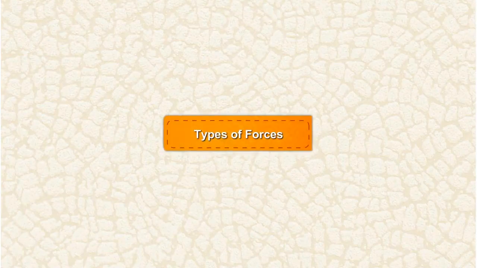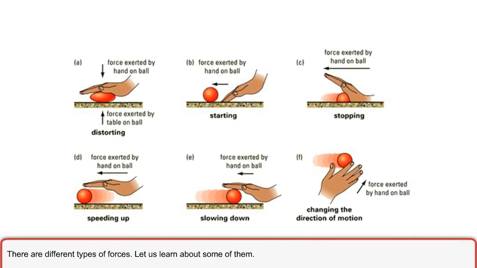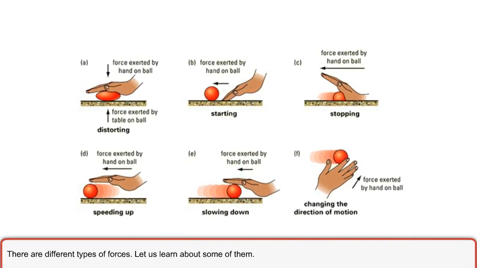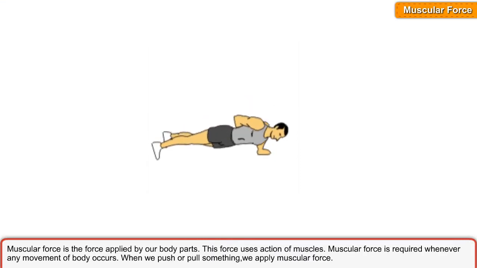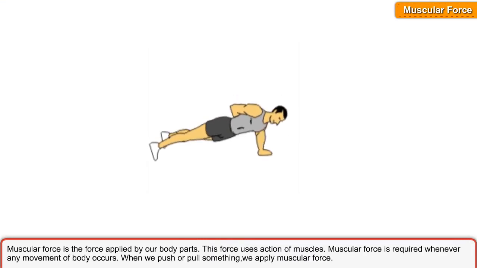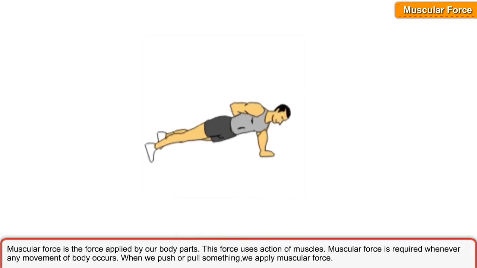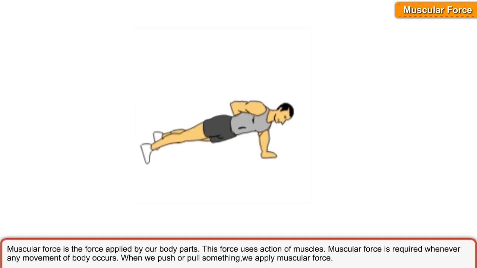Types of forces. There are different types of forces. Let us learn about some of them. Muscular force. Muscular force is the force applied by our body parts. This force uses action of muscles.